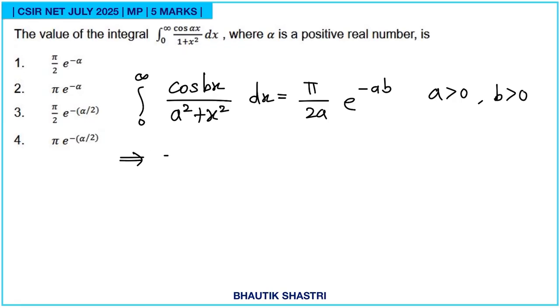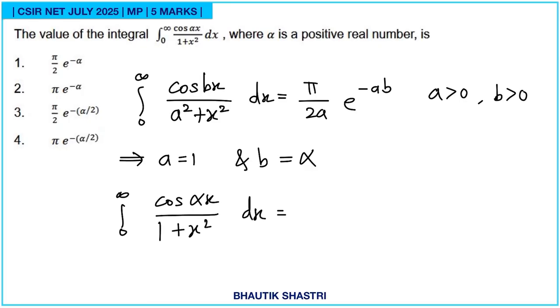Now in this case a is 1 and b is α. So the integral is equal to π by 2 e raised to minus α. So option 1 is correct.